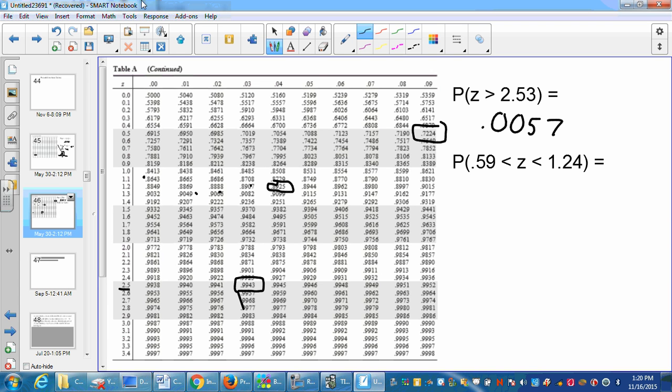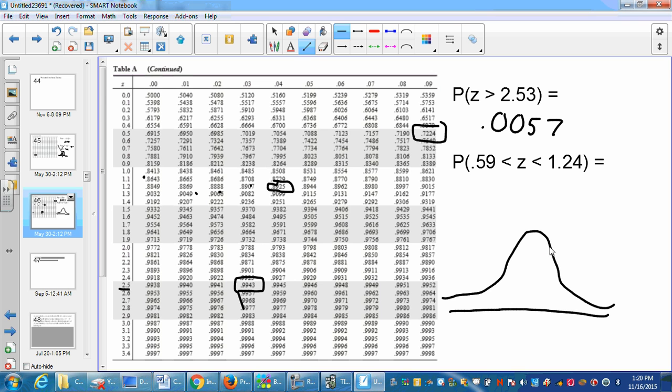So this is a little tricky to explain, but if I look at my normal distribution, especially since my cursor's not working very well, 0.59 is probably here. 1.24 is probably here. So if I want to go to the left here, that's 0.7224.